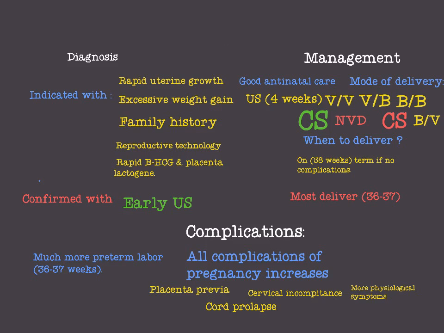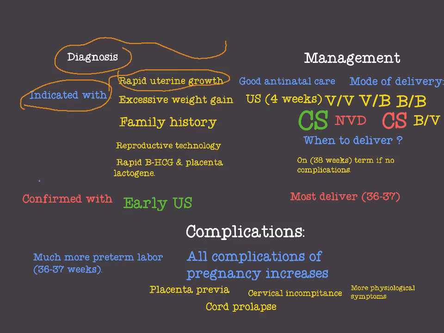And now let's move to diagnosis. How do we diagnose multiple gestation? First of all, it is indicated by abnormal rapid uterine growth. Okay, in one gestation we have a uterine growth, but in multiple gestation we have a rapid uterine growth that is not expected in normal gestation.